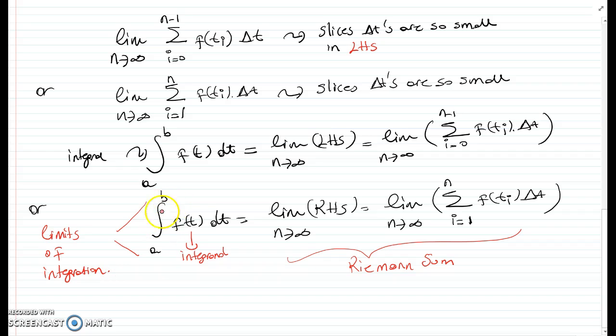The reason we have that S-looking shape for the integral is that it is an old-fashioned S, which stands for sum. The dt comes from the factor delta t.